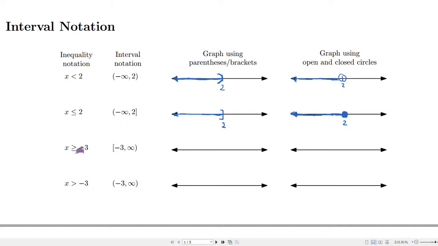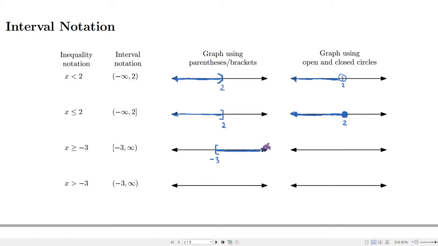Well, what if x is greater than or equal to -3? Well, we can write down -3 and greater than or equal to, so we're going to have a bracket, right? So -3, and since we're considering x values larger than this, we're going to go from -3 to positive infinity. So we'll put a bracket here, and then we'll fill in this region, right?